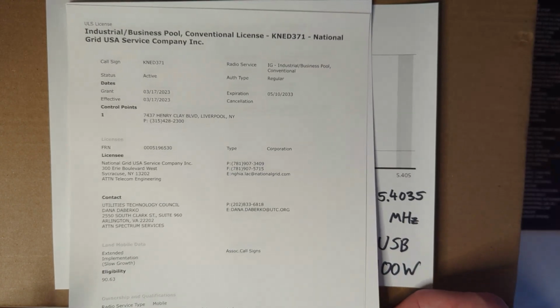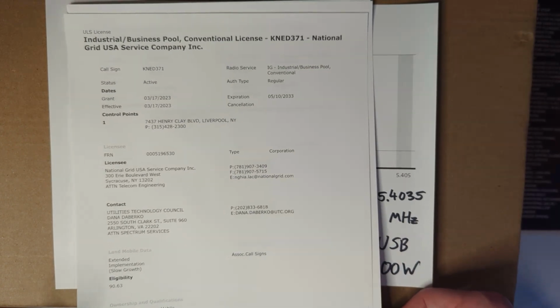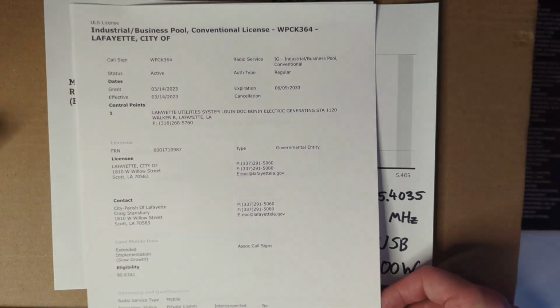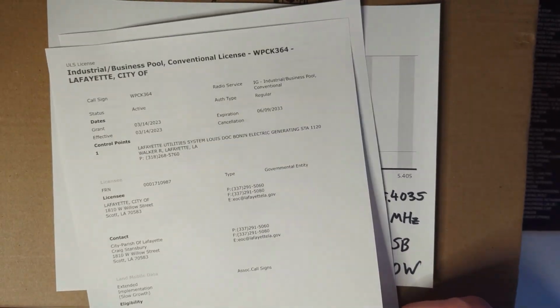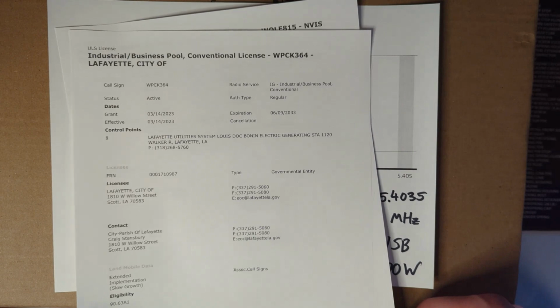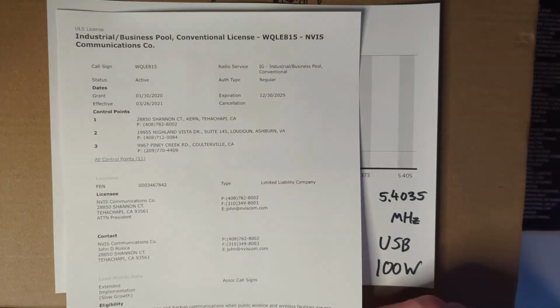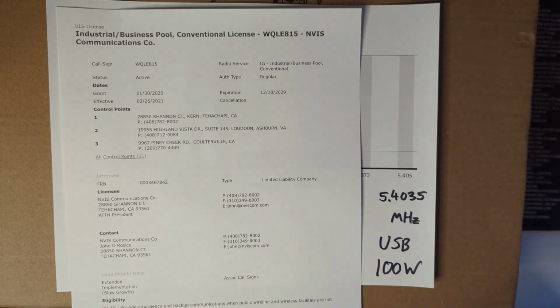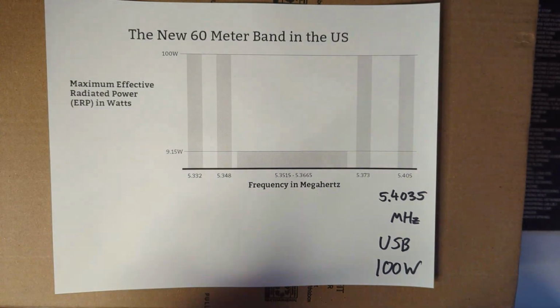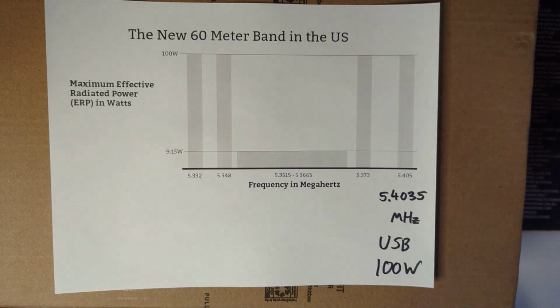National Grid USA Service Company has a license to operate inside this band. The city of Lafayette, Louisiana has a license to operate inside this band. And this NVIS company has a license to operate inside this band. There are hundreds, if not thousands, of other users with licenses in here.